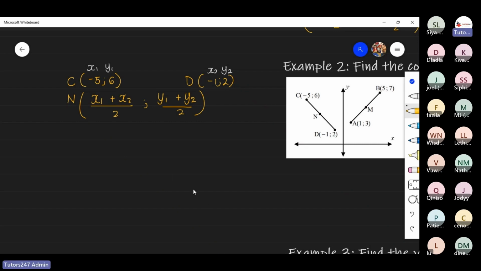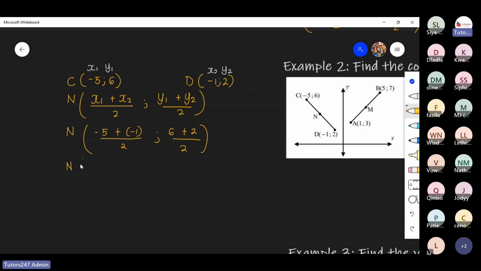So I now need to substitute my values of x1, x2, y1, y2. So I'm going to bring down N, and I'm going to substitute x1 as -5. I'm going to substitute x2 as -1, and that is all over 2. From there, I can substitute my y values, which is y1 as 6 and y2 as 2. And that is all over 2.